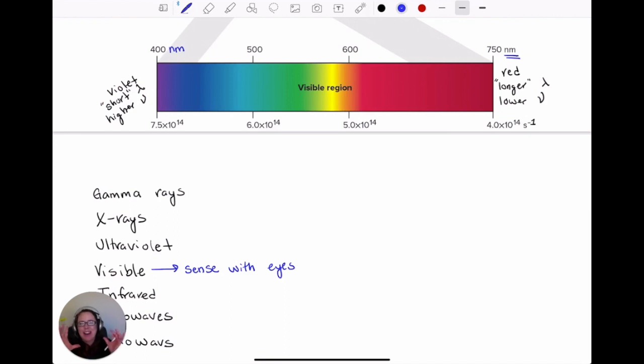So this is a very human-centric visible region. There is some evidence that other types of animals have evolved to sense different regions of light visibly. So our visible region isn't necessarily the same as every animal's on Earth.